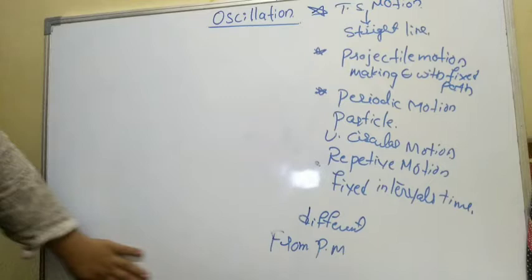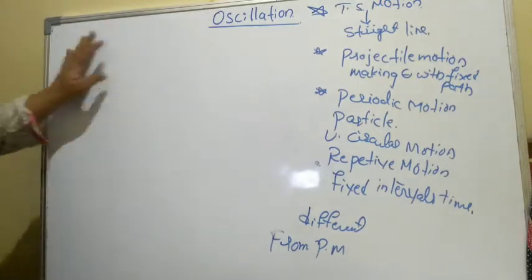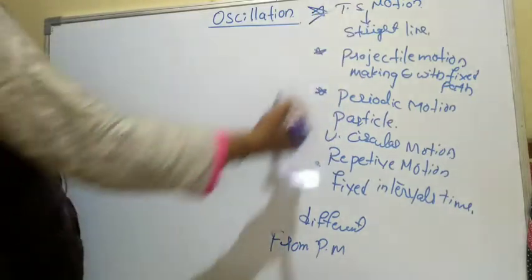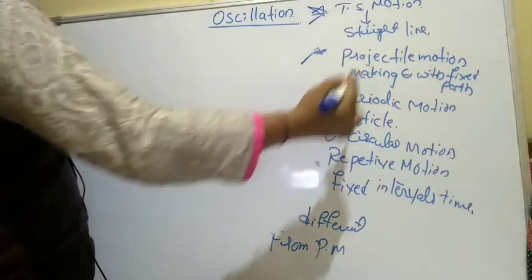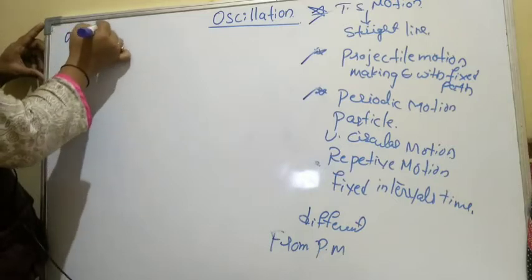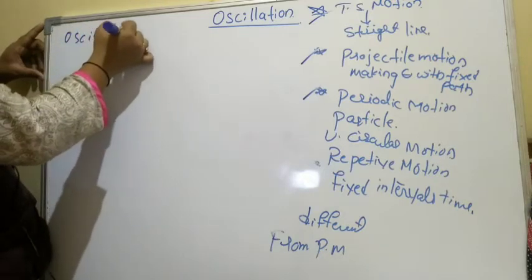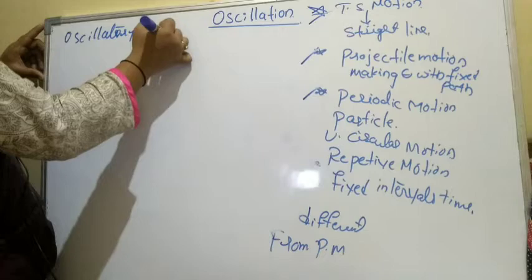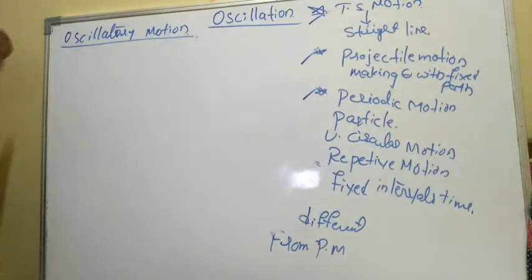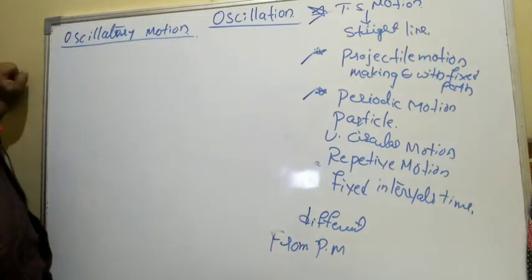In our nature many motions are there, such as translational motion, projectile motion, periodic motion, and next comes oscillatory motion. We have already discussed it, but we want more clarification on how we can say that it is not a periodic motion.